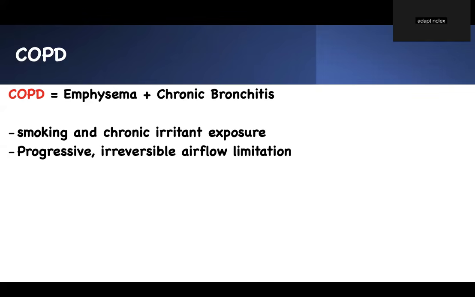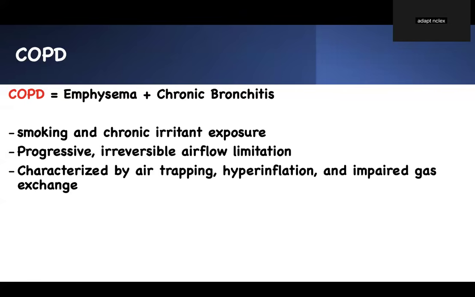In COPD, emphysema and bronchitis, the lung is destroyed by fibrosis. And therefore, all of them are characterized by air trapping, hyperinflation of the lung, eventually leading to impaired gas exchange. That's why they're always looking for oxygen due to dyspnea or cyanosis.